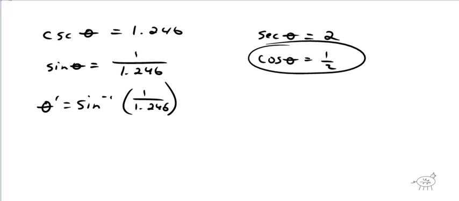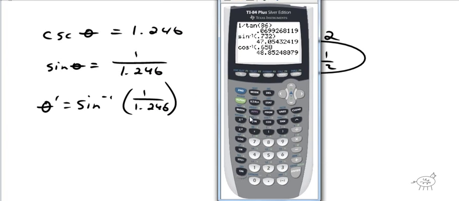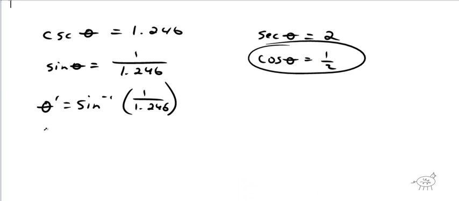So let's do that. Inverse sine of 1 divided by 1.246, close parenthesis, and you get 53 degrees. So theta prime is 53 degrees.